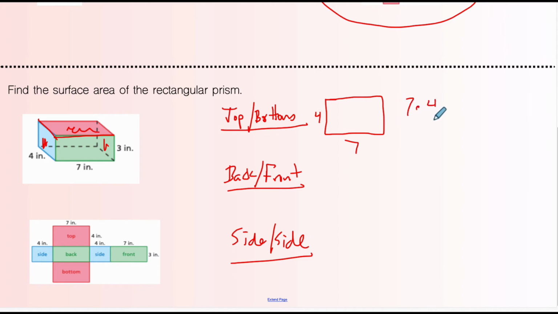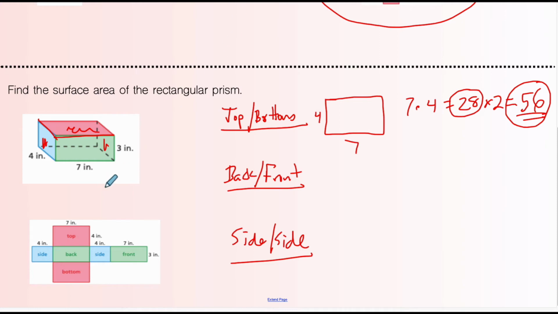Length times width, which is 28. But, big but here, you have to double this times 2. Why? Because it's a top and a bottom. There are 2 rectangles that are 7 by 4. So 7 times 4 is 28, but you have to double that because there's 2 of them. So the area of the surfaces that are the top and the bottom is 56 inches squared.